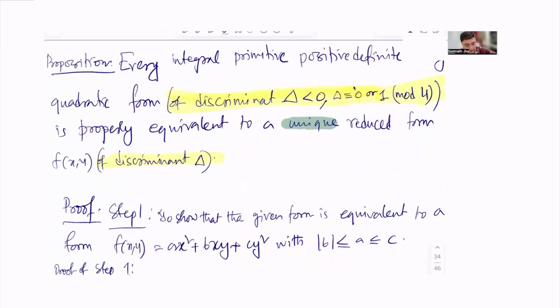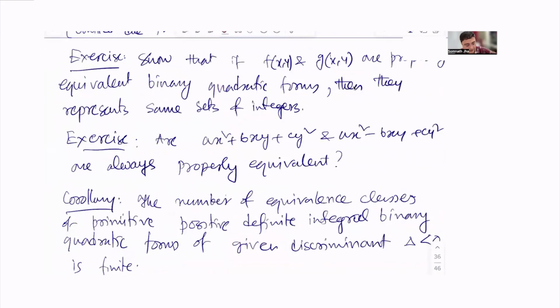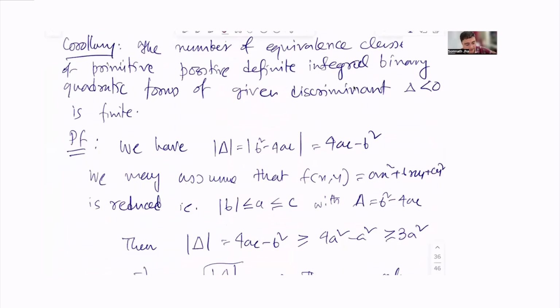We omitted the proof of uniqueness. Last time we showed that the number of equivalence classes is the same as the number of reduced forms of a given discriminant, so the number of equivalence classes of primitive positive definite integral binary quadratic forms of given discriminant is finite. Basically you have to prove that the number of such reduced forms is finite.